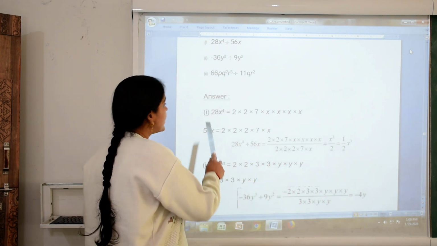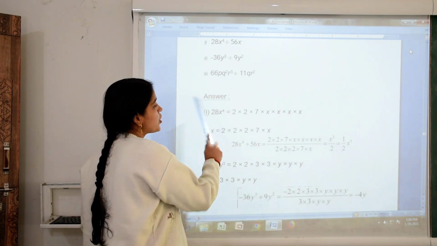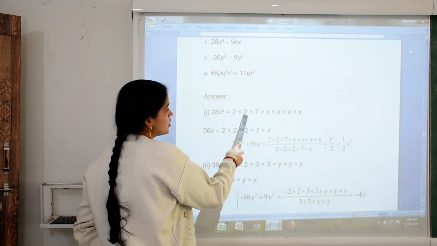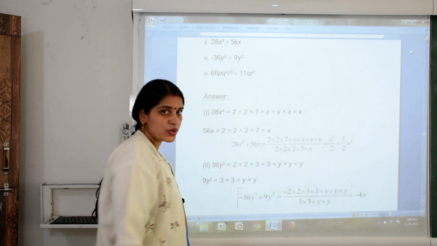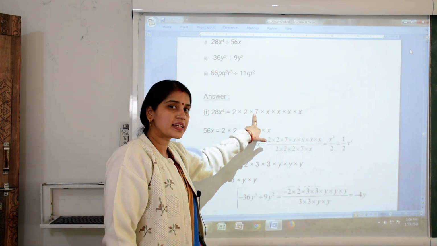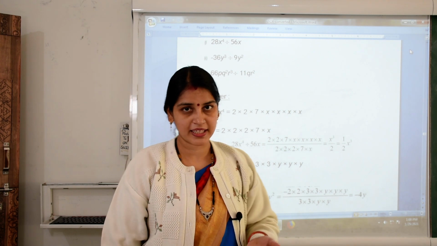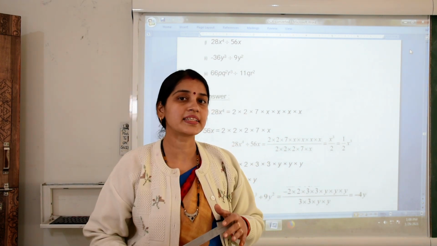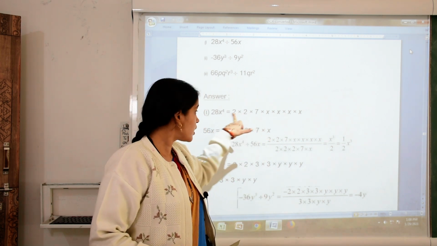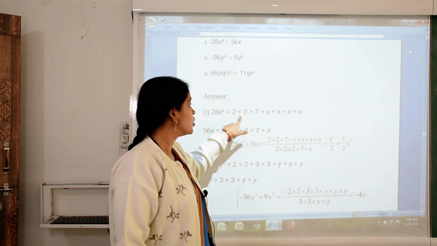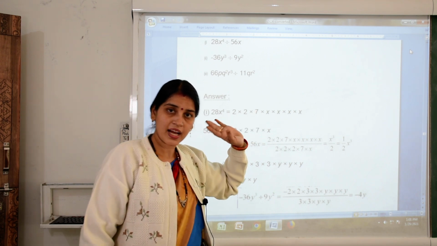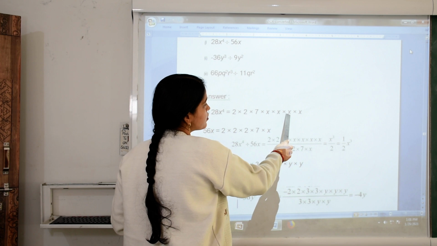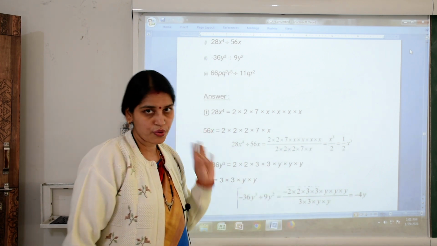Okay, so 28x to the power 4. What are the factors of 28? It is 2 into 2 is 4, 4 into 7 is 28. How can you find this? By the prime factorization method, the LCM method, the HCF method, we find factors, it is the same. So factors of 28 are 2 into 2 into 7, and x to the power 4, that means x we have to write how many times? 4 times.